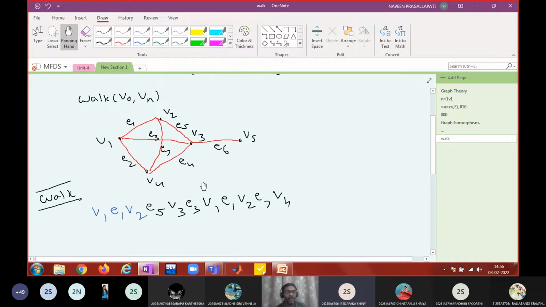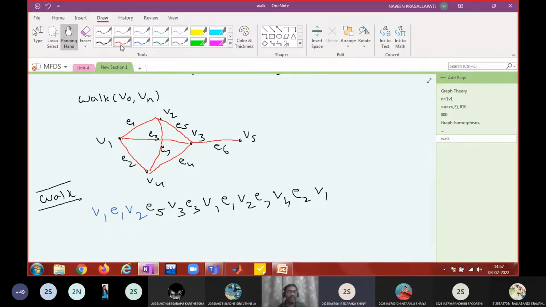When is a walk said to be a closed walk? If the initial vertex is equal to the terminal vertex, then it is said to be a closed walk. From V4, if I go back to V1 along E2, and write the walk from V1 to V1, initial equals terminal, that is a closed walk.